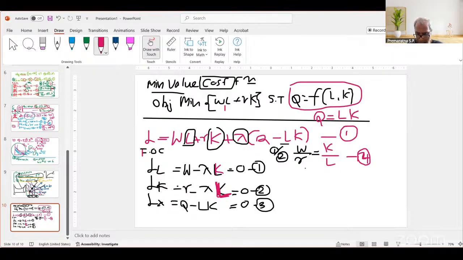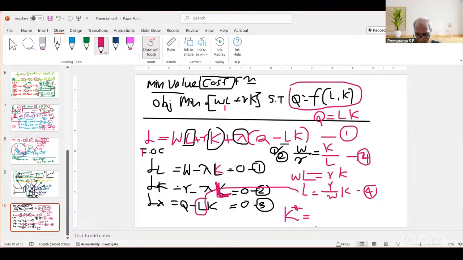Now this equation number 4 you can rewrite, W L equals R K, and then L equals R K over W. Put this into equation number 3 instead of L here, then you can find the K star.